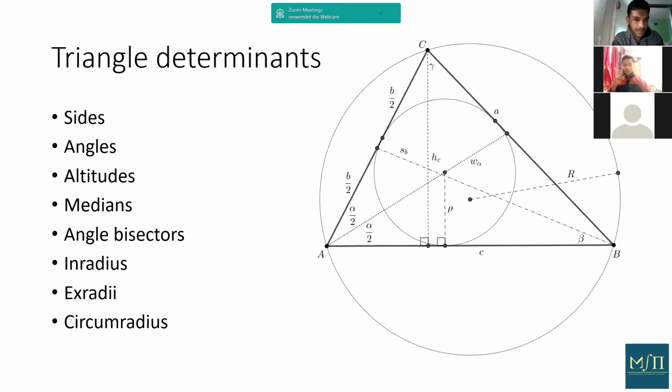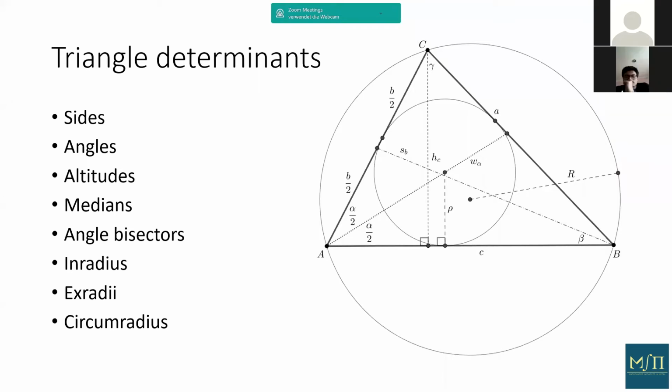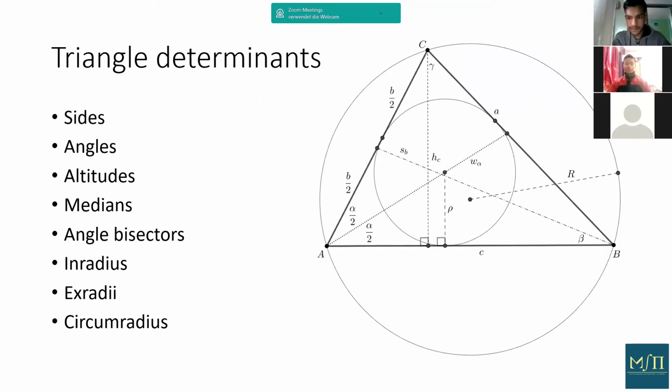For instance, it's fairly well known if we choose all three of the internal angles of a triangle, we aren't going to get unique triangles, because as soon as we choose two internal angles, we already know the size of the third angle, because the sum of the angles in a triangle is always going to be 180 degrees. So that's redundant information, and that can't be used to get similar triangles with these three angles. So that's not going to work either.